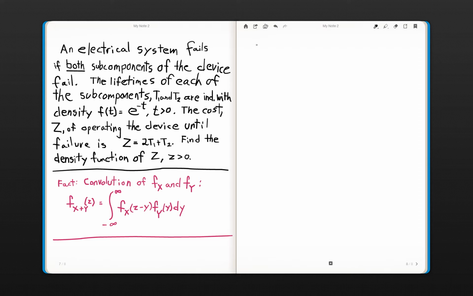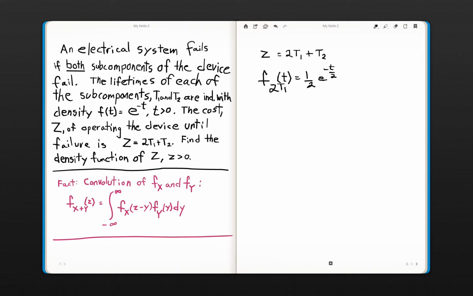So let me just reproduce what we're trying to do here. We have Z equal to 2T1 plus T2. I will let you do some research to convince yourself; I actually have a video posted that the density function of 2T1 is equal to 1/2 e to the negative t over 2.